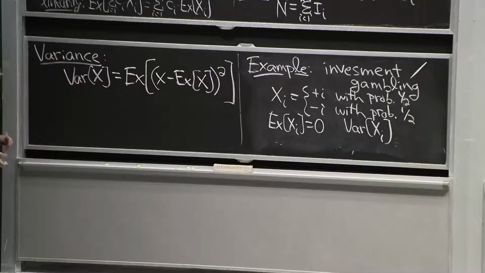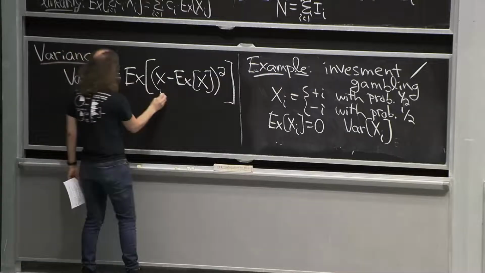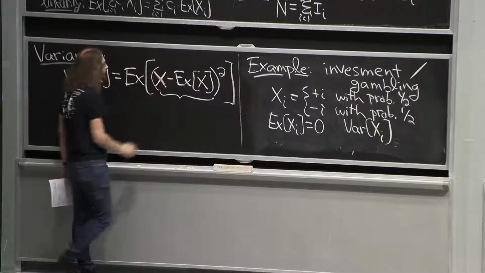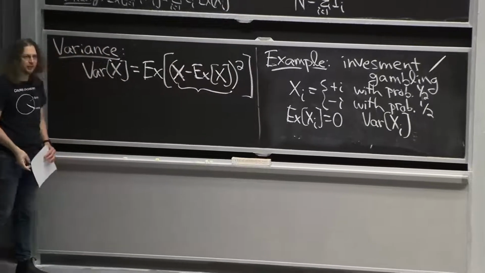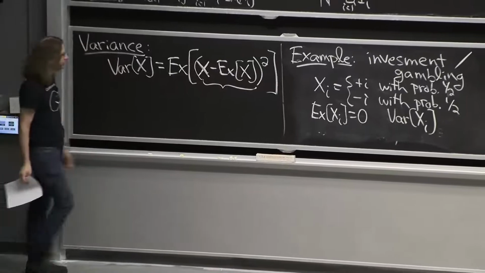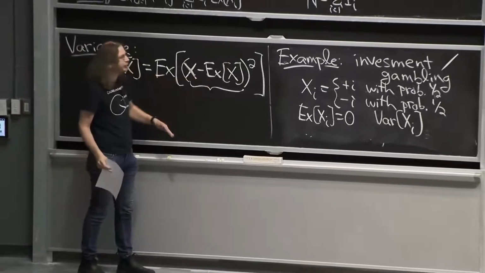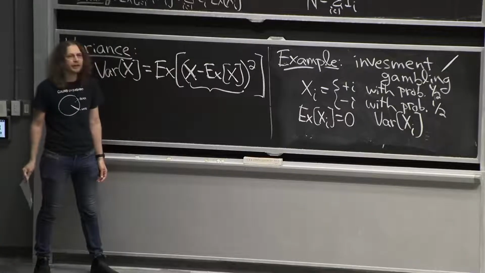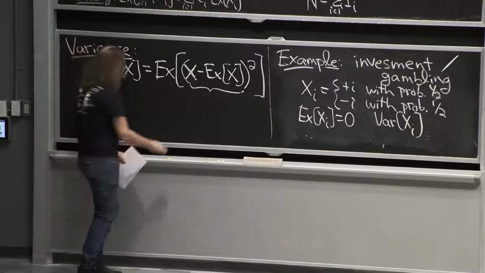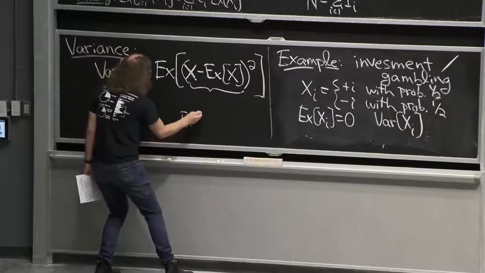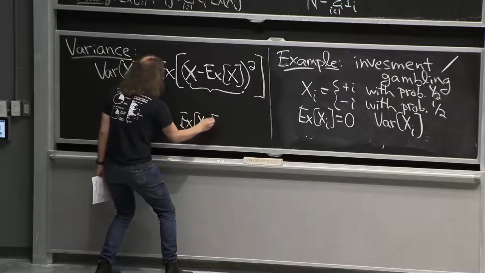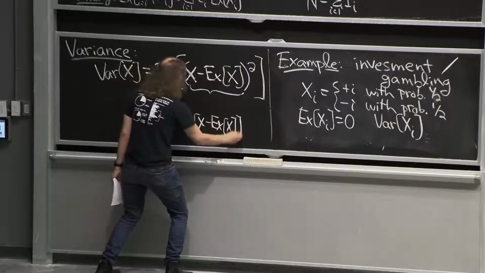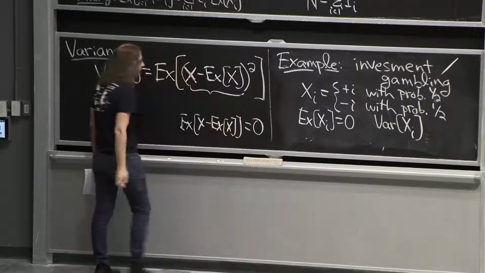All right. So what we're going to do is take the deviation from the mean, X minus the expectation of X. So this is a random variable. It's just like X, but we subtract the expectation of X. And by linearity of expectation, the expectation of this braced quantity here is 0.